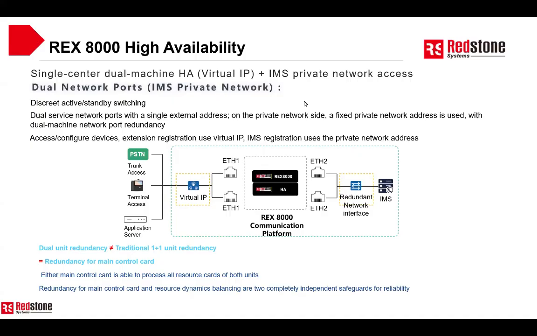So in the event of a failure, the users are dynamically redistributed across the remaining cards. I mean, even if half of the media resource cards fail, the user registration and the service continuity are not affected. Only the total concurrent capacity might be impacted.